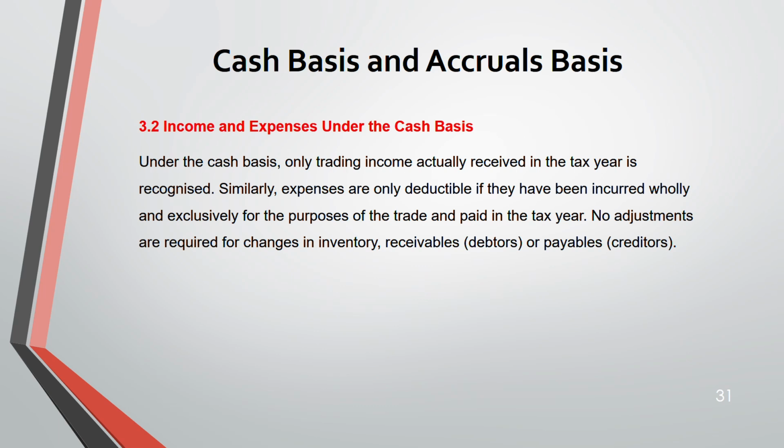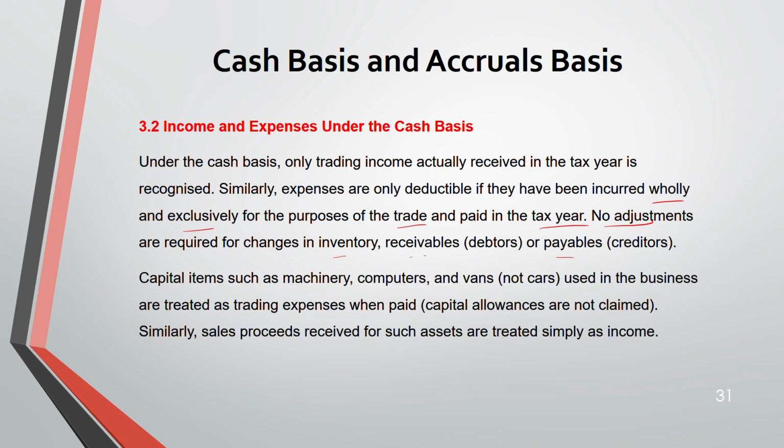Remember that expenses have to be incurred wholly and exclusively for the purpose of the trade, and they are paid in the tax year, otherwise you can't deduct. Because it is on cash basis, based on what you are paying and receiving, there are no adjustments required for changes in inventory, receivables or payables. Thank God, things are very easy under cash basis.